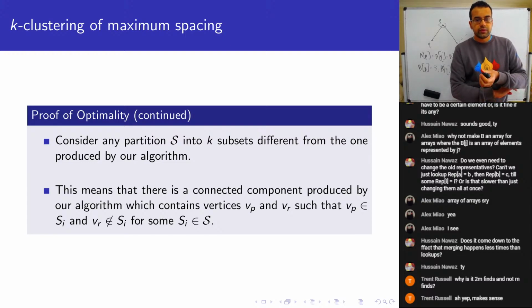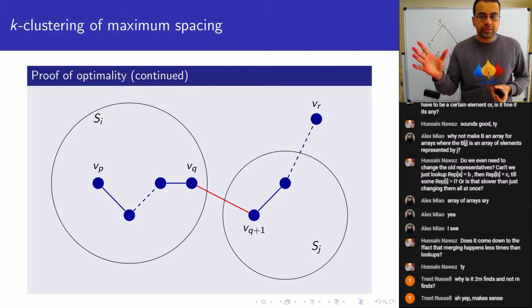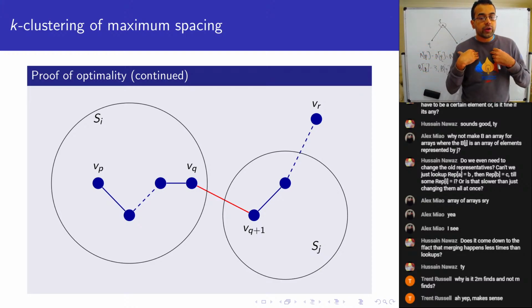Yeah. So according to the other partition, these VP and VR are in different disjoint subsets, whereas our greedy approach, following Kruskal's algorithm, put them together. Now let's have a look at the path here.